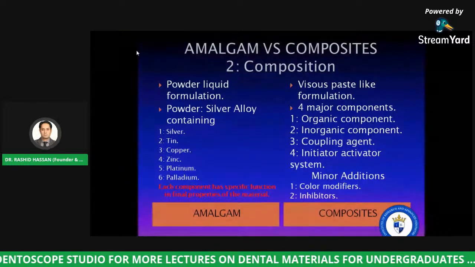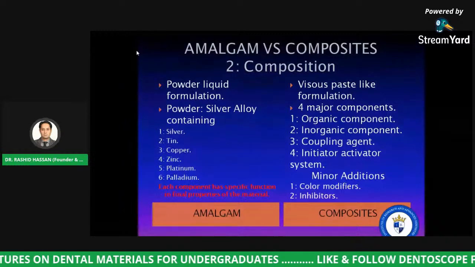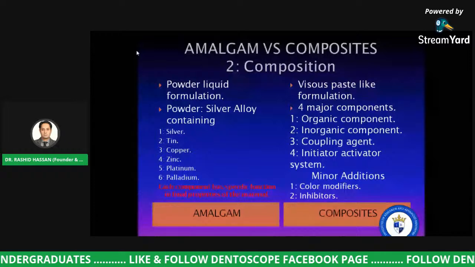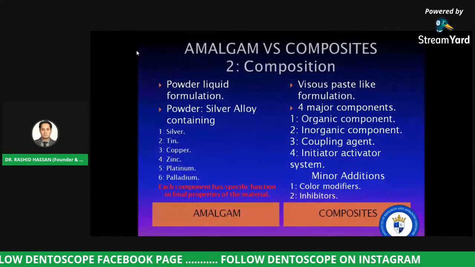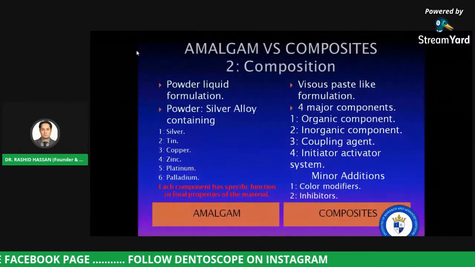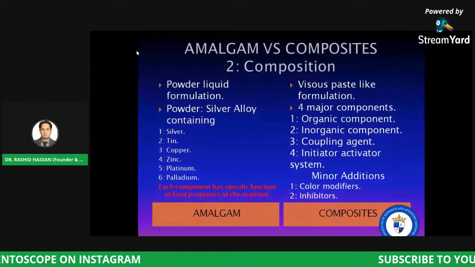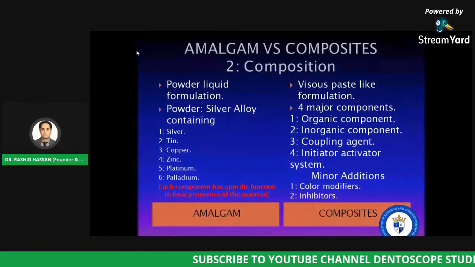The organic component is basically a polymer. Dental composite is a combination of two distinct phases, a continuous phase and a dispersed phase. The continuous phase is due to the organic polymer matrix.